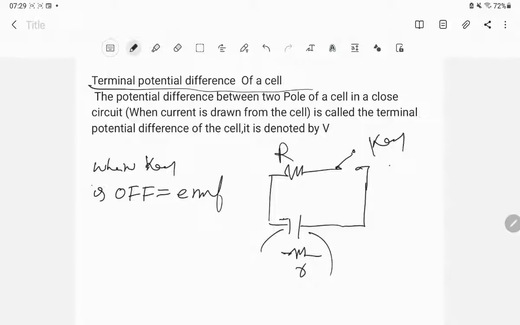Okay. And when the switch is on, what is the potential difference between the poles? It is called terminal potential difference of a cell.